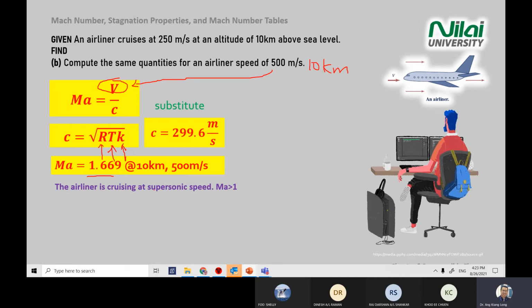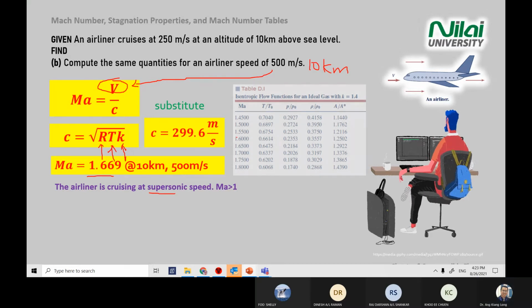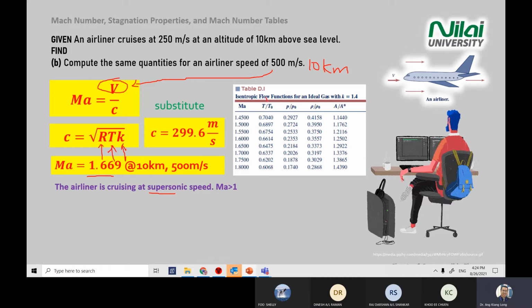All right, there's a statement here. To find the temperature and pressure, again use Table D1. You have a Mach number of 1.669, which is within here, so you need to do interpolation between the numbers above and below.